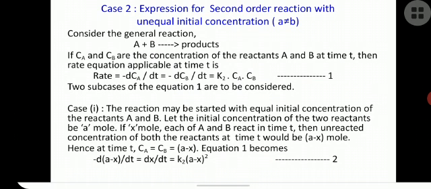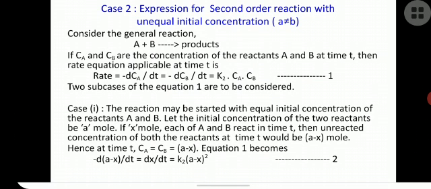It is equation number 1. Two subcases of equation 1 are to be considered. Case first, the reaction may be started with equal initial concentration of the reactants A and B.